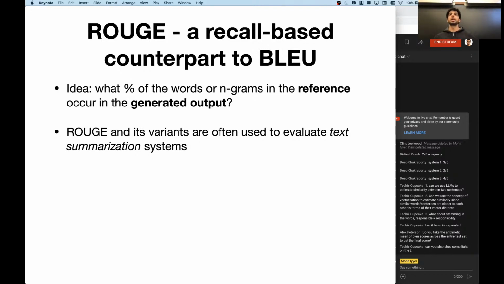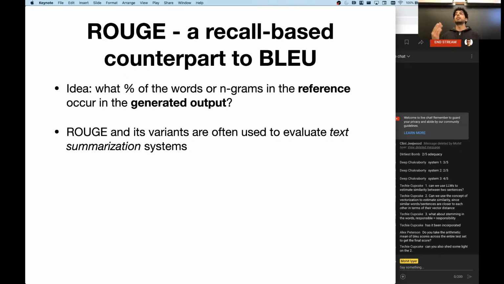So in text summarization, your system gets a big document as an input and it produces a summary that might be like a paragraph long. And to evaluate, you might also have a reference summary that a human has written that contains, you know, the most important parts of this document.